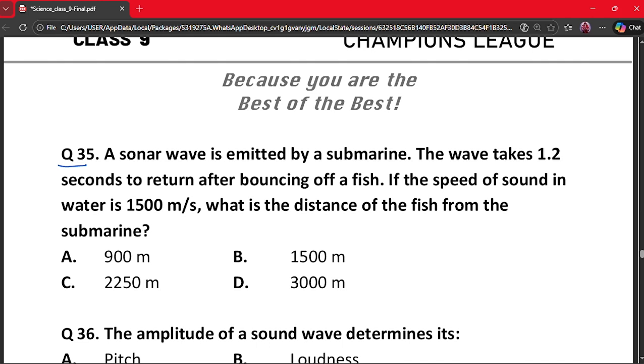So let's solve this. Our total travel time includes forward and return. So distance is equal to vt by 2, which is equal to 1500 into 1.2 divided by 2. So this is equal to 900 meter. So our correct answer is option A.